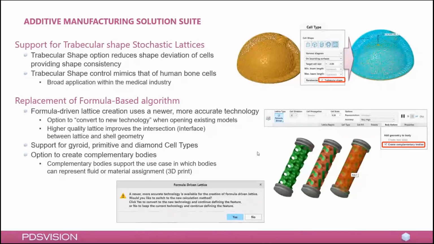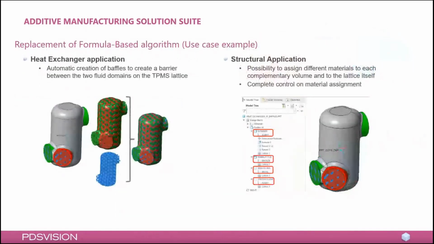And as one nice sample of what we can do today, this is a heat exchanger, where you have, let's say, a green and red fluid, and then you have a blue wall between those two.